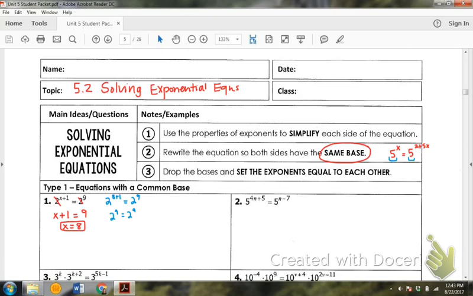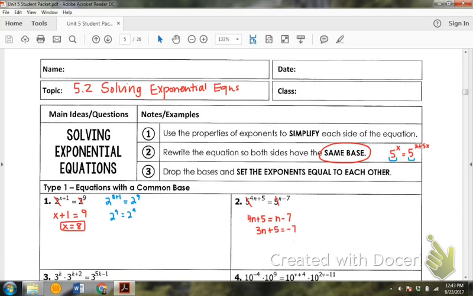And then if you look at number 2, bases are the same, right? So if you have 5 and 5, what are those 5s going to do? Cancel. And then you have 4n plus 5 equals n minus 7. And this is now a problem that you can solve. Subtract n, that gives us 3n.